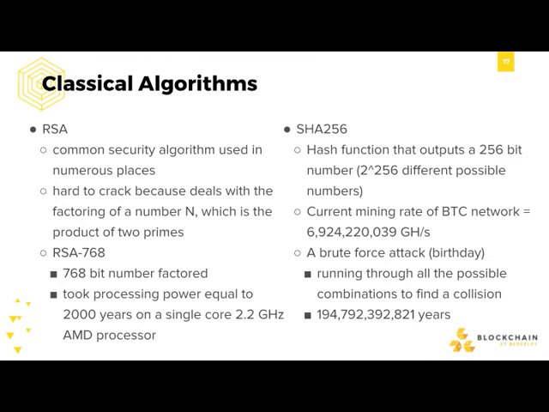A common brute force attack is known as a birthday attack, used to find a collision on hash functions. If you use this mining rate and perform the birthday attack to break SHA-256, it would take about 194 billion years. So obviously, it's not very feasible with classical computing.